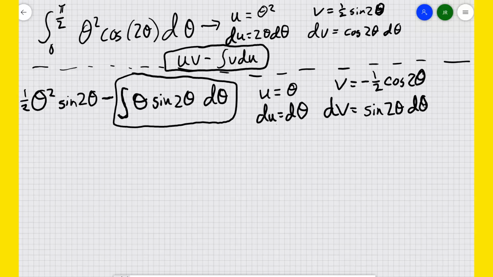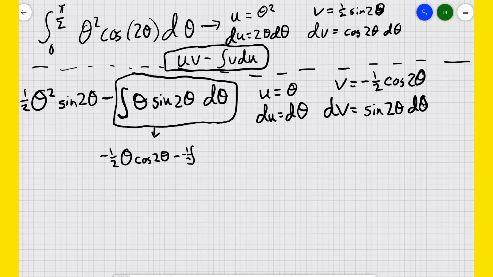So now, again, doing this formula, the uv minus the integral of v du, what's in this box becomes theta times negative 1/2 cosine 2 theta, so negative 1/2 theta cosine 2 theta, minus the integral of v du. So that's negative 1/2. I'm going to put that out front.